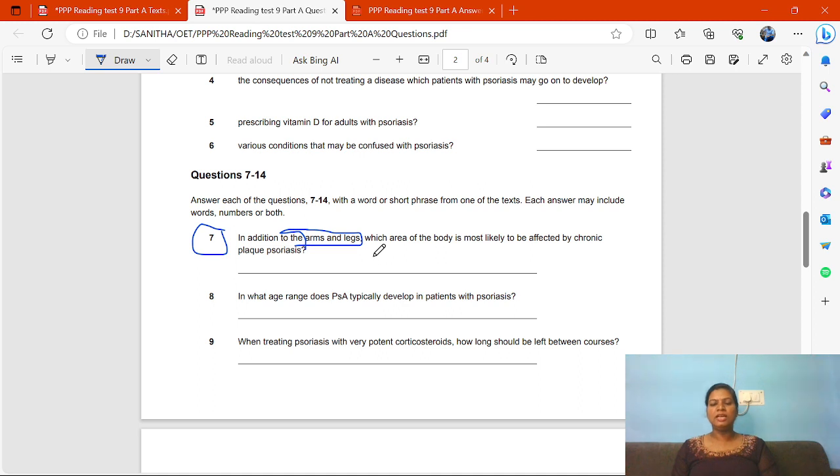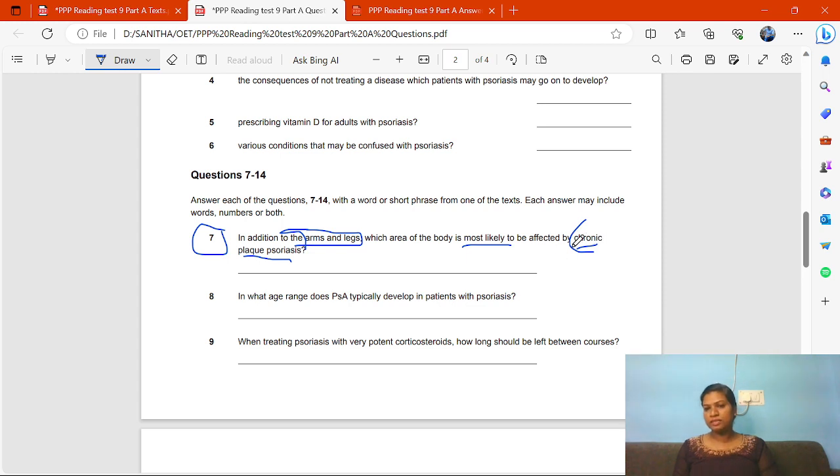Arms and legs is one keyword. Which area of the body is most likely to be affected by chronic plaque psoriasis? Chronic plaque psoriasis is a keyword that is not going to change.